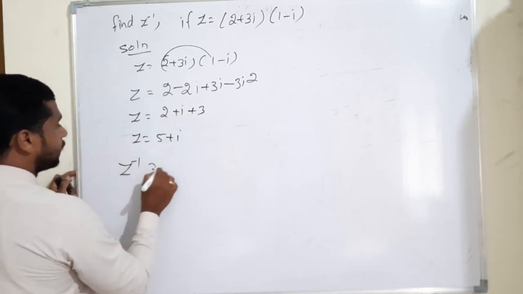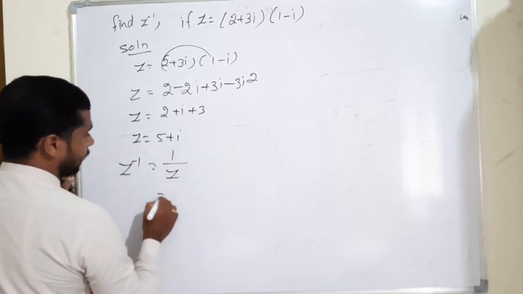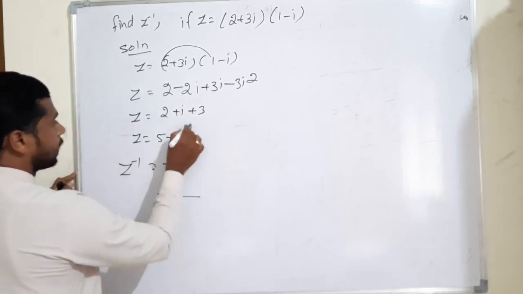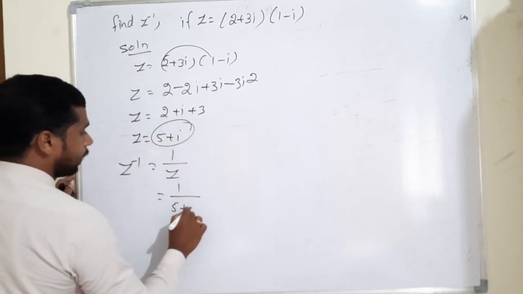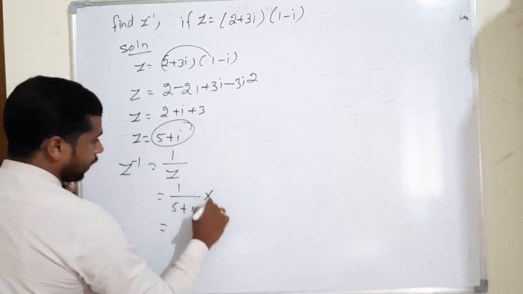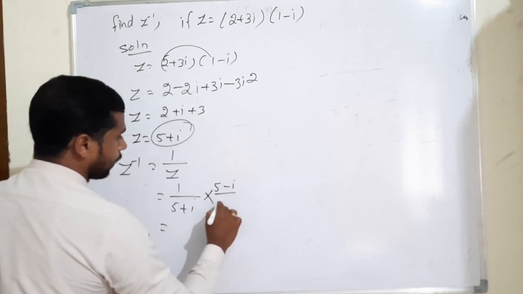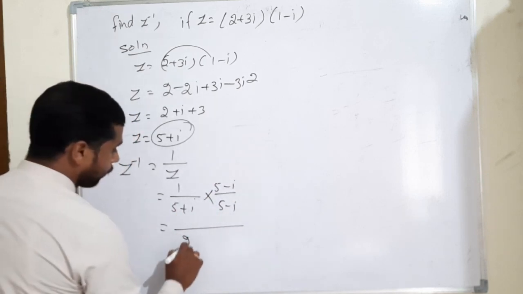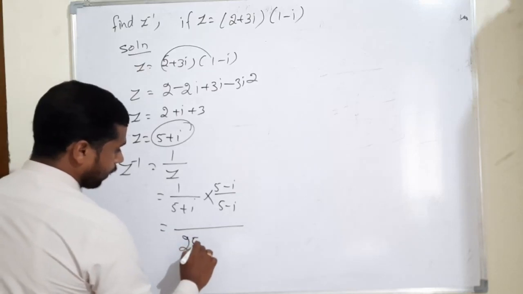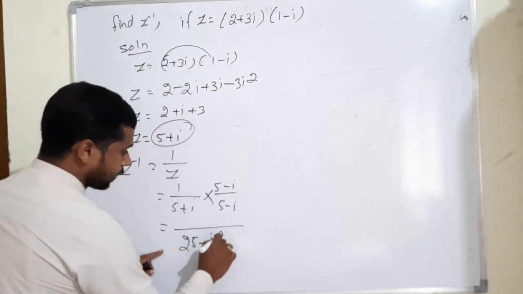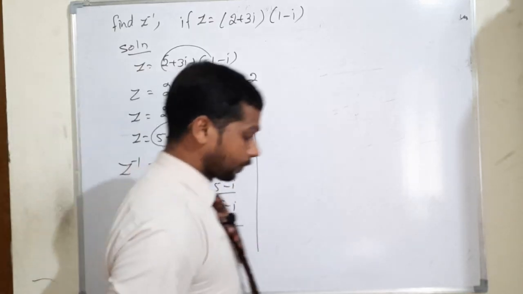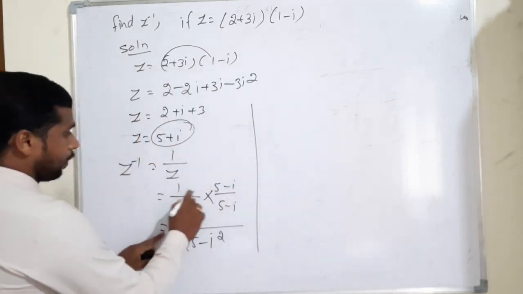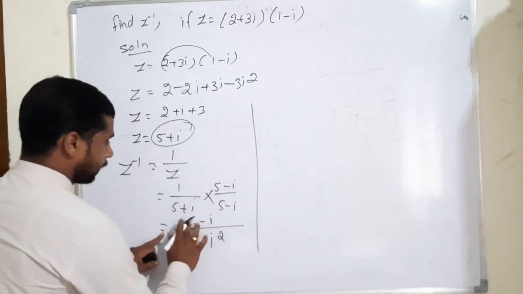Then what is the meaning of Z inverse? It is 1 by Z. Just now we found Z is 5 plus i. Taking the conjugate, we multiply by 5 minus i divided by 5 minus i. The denominator is in the form (a plus b)(a minus b), meaning 25 minus i square, and the numerator is 5 minus i.